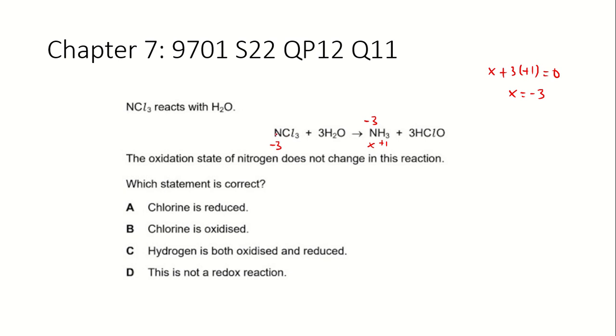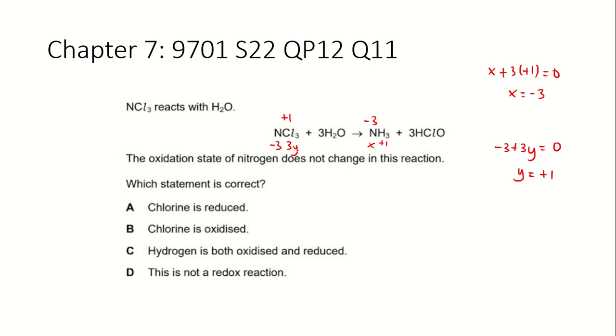Now, if this nitrogen is negative 3, then we have 3y for 3 chlorine. So negative 3 plus 3y equals 0. Then I know that y is actually positive 1. So let me put this as positive 1.